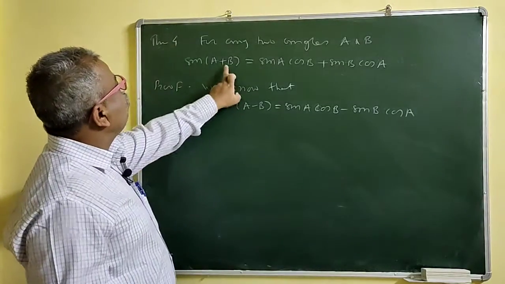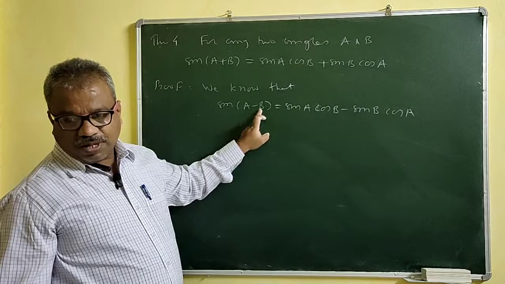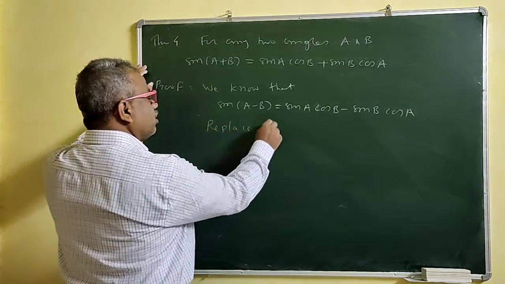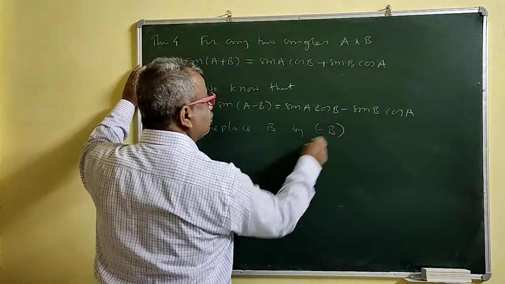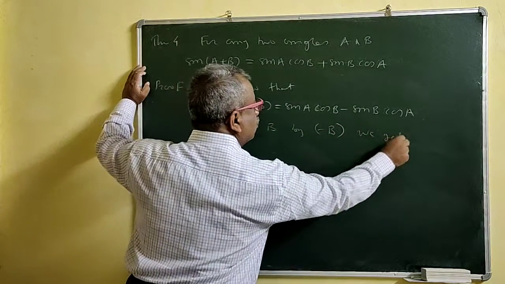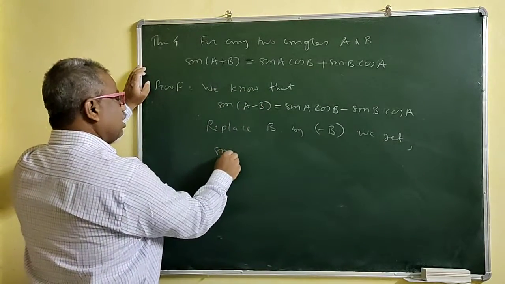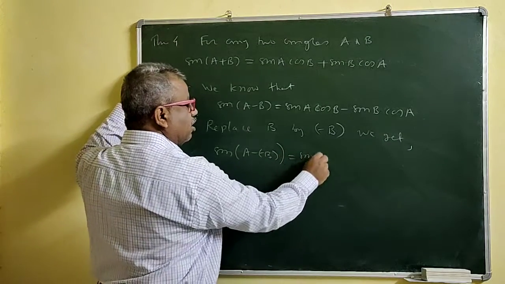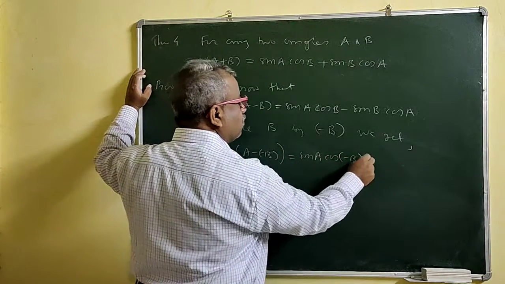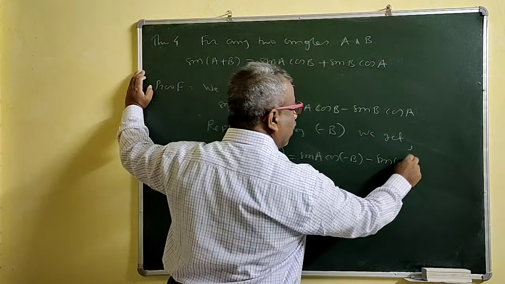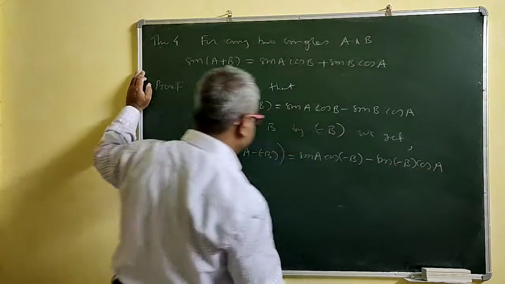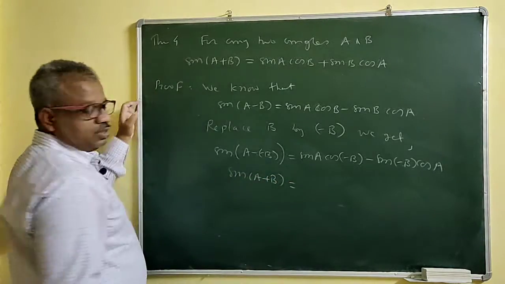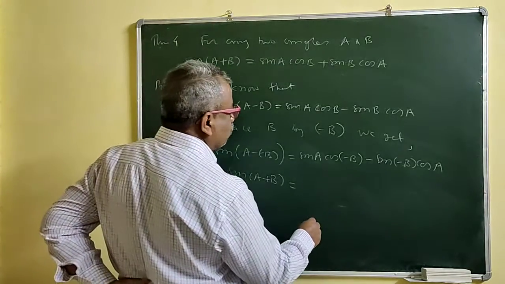What do we do now? So your A plus B now. We will replace B by minus B, right? We get sin of A minus of minus B: sin A cos of minus B minus sin of minus B cos A. So we get sin of A plus B. Cos minus B is cos B, right?